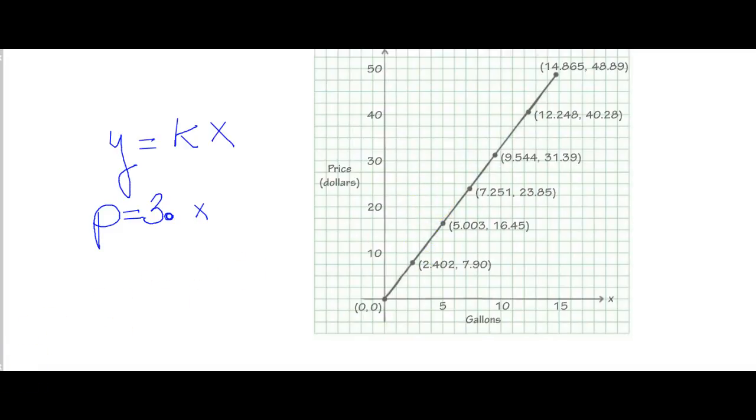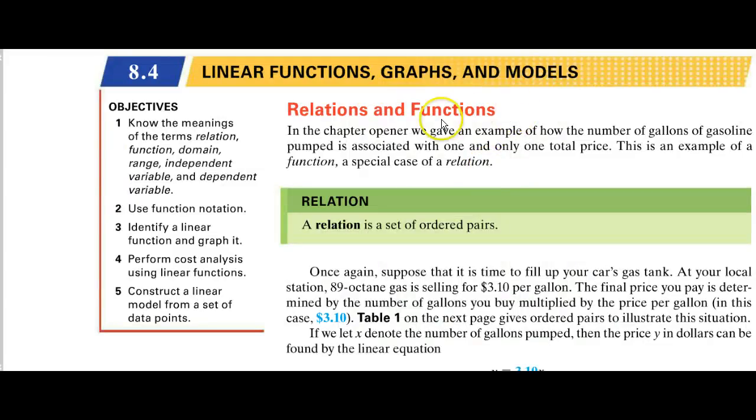But we're going to jump now into the topic we're going to deal with, which is 8.4, an introduction to functions. Now, I went over that first part of Chapter 8 because they use it here, and in a sense, the relationship of the number of gallons to its price creates what we call an ordered pair, or an item of data.